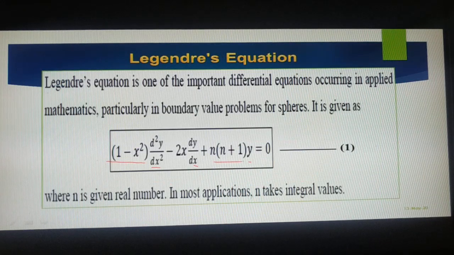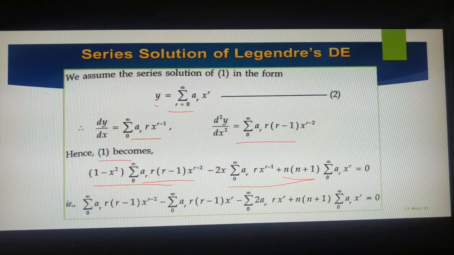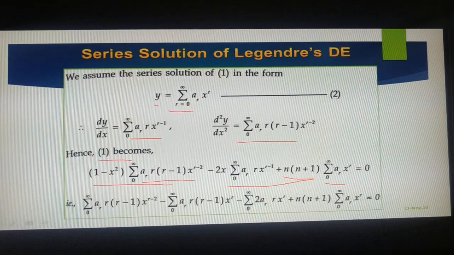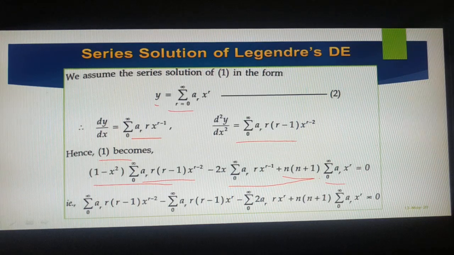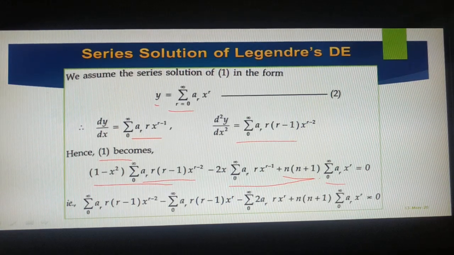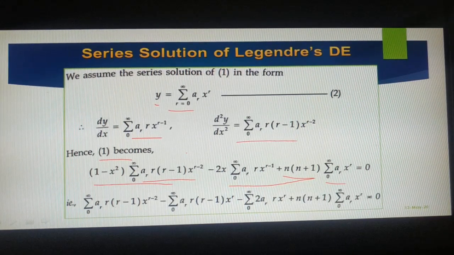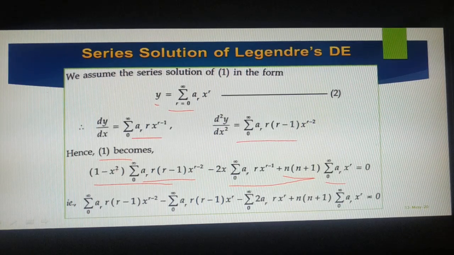Just see your equation, n into n plus 1 into y, where y means summation r equals 0 to infinity ar x to the power of r, which is equal to 0. So we have simply substituted y and its derivatives in equation 1.